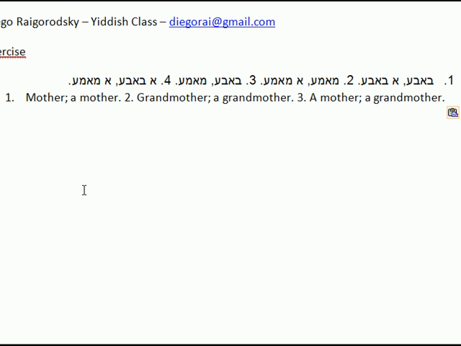Try to write it. So when you see in number 1 mame, a mame, write it using the Yiddish letters. Okay, for number 2 we have grandmother is Bobby, a grandmother is a Bobby. And for number 3 I have a mother and a grandmother, it's a mame and a Bobby.